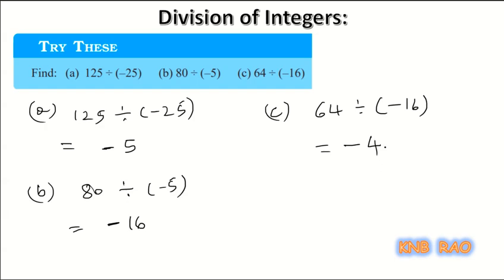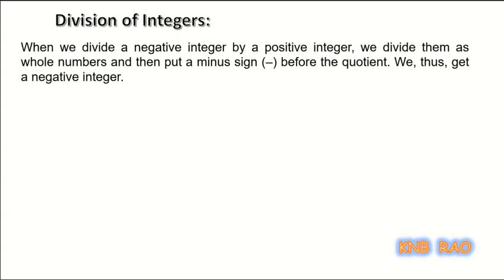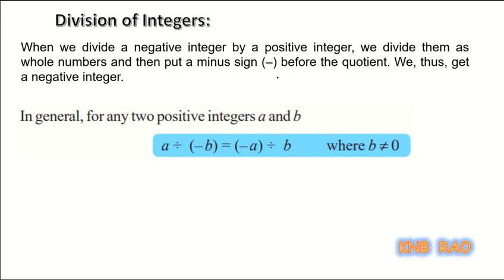And students, here we will sum up the division of integers. Let us see, when we divide a negative integer by a positive integer, we divide them as whole numbers and put a minus sign before the quotient.